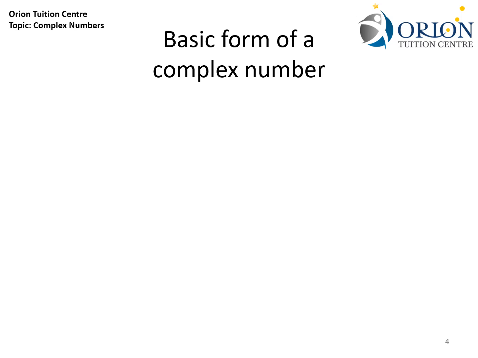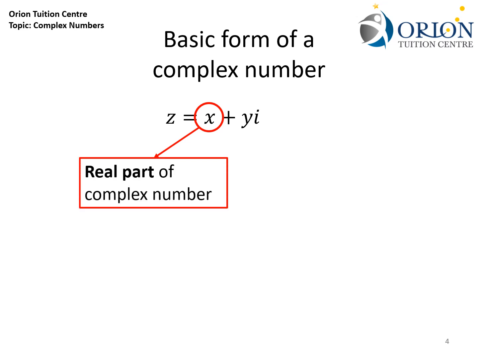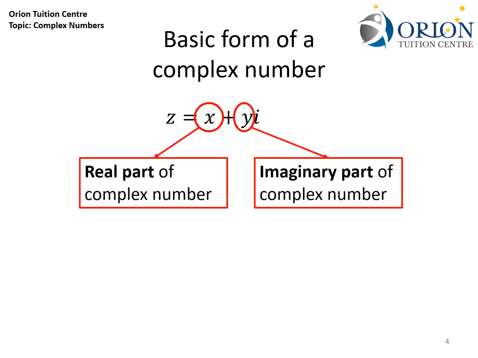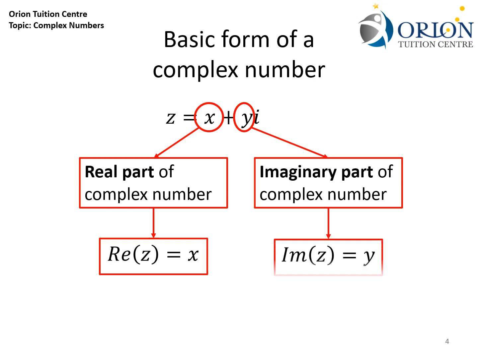A complex number can be expressed in three forms, and we will only be covering the basic form in this video. The basic form, or Cartesian form, of a complex number is x plus iy, where x is the real part of the complex number and y is the imaginary part. One way to represent the real and imaginary components of a complex number is Re(z), which means the real part of z, and Im(z), which means the imaginary part of z.